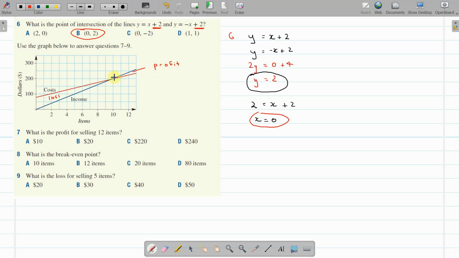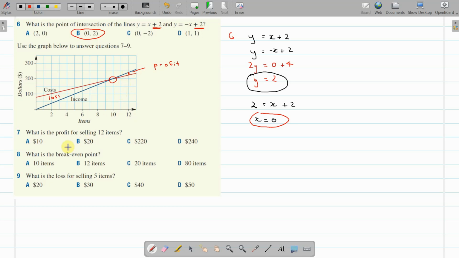We'll get to that little point there in a minute. So everything here, cost bigger than income, is loss. Now the cost is less than the income, so that's profit. So what is the profit for selling 12 items? That would be this little gap here, the difference between the two lines.